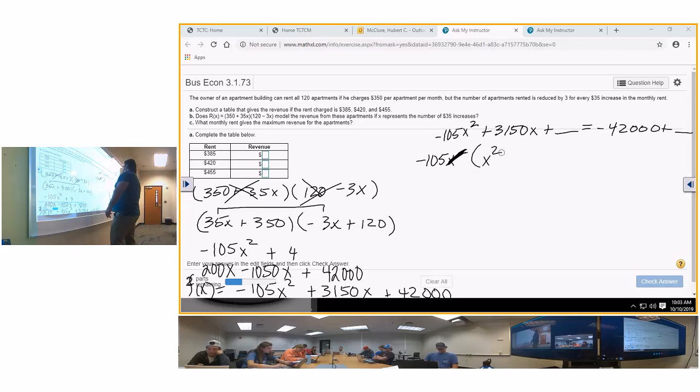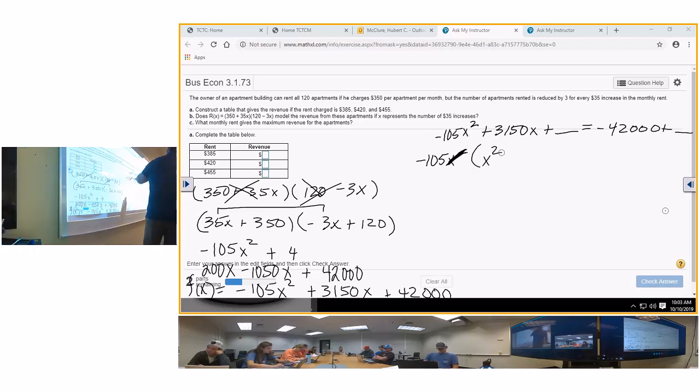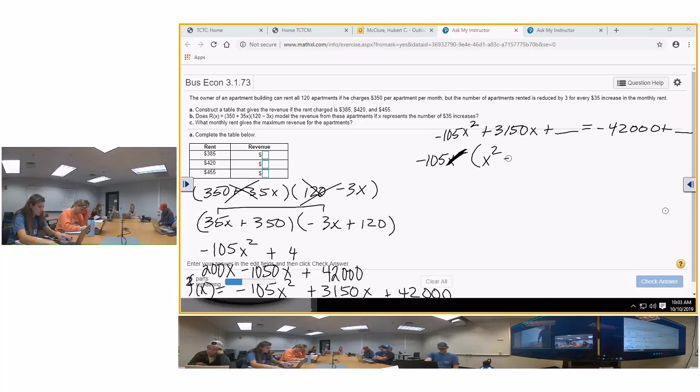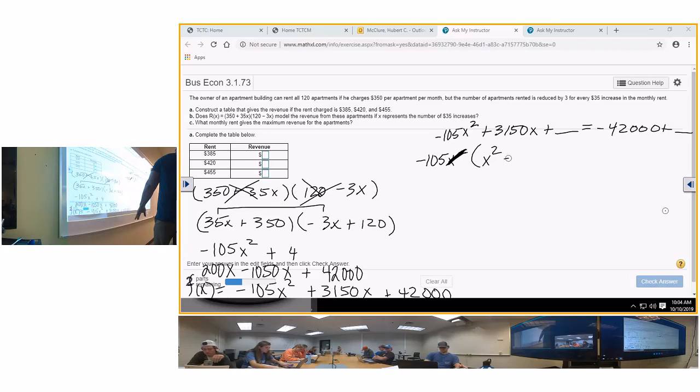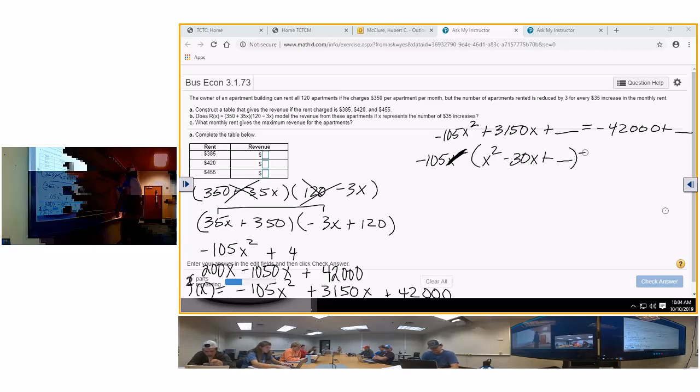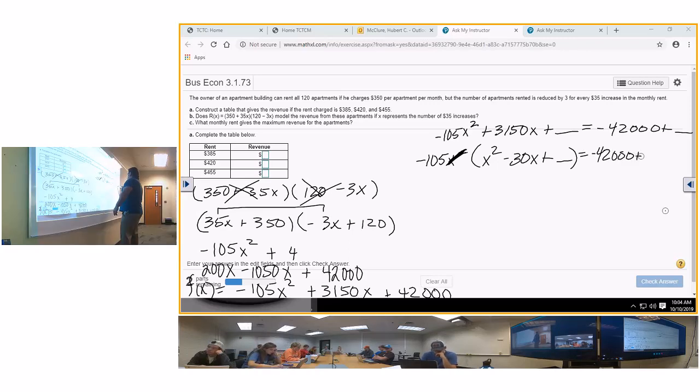Somebody give me the decimal. 3150 divided by 105. 30 even. So 30x plus blank is equal to negative 42,000 plus negative 105 times blank.